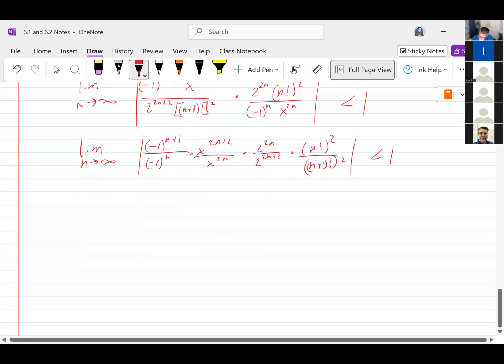Let's take the -1 first. Again, if we have something to the n+1 over n, I just subtract those, and that cancels, and I'm just left with a -1. For x^(2n+2) over x^(2n), the 2n's go away and I'm left with x squared. The 2^(2n) again becomes 2 squared.